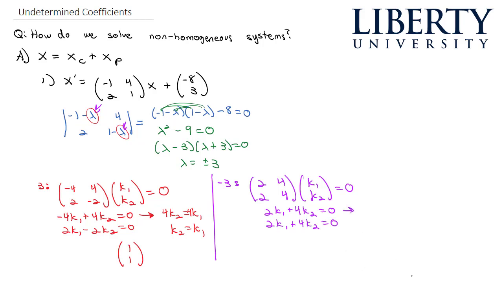So we'll subtract 4k2 from both sides to get 2k1 equals -4k2. Divide by 2, and, oops, sorry, k1 equals -2k2. So if we let k2 equal 1, then k1 would be -2. So our second eigenvector is -2, 1.